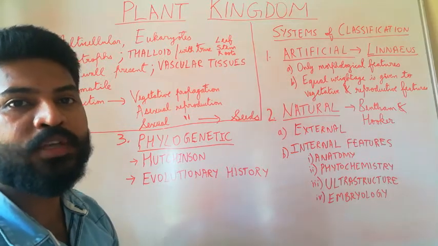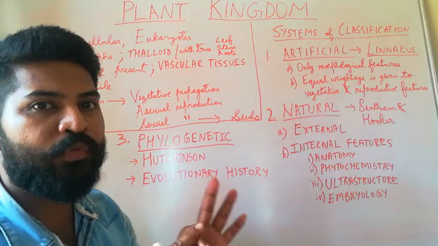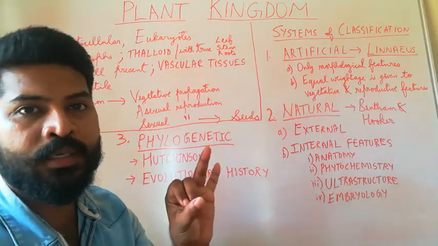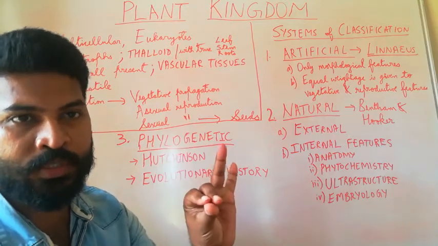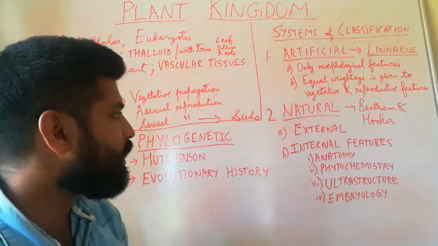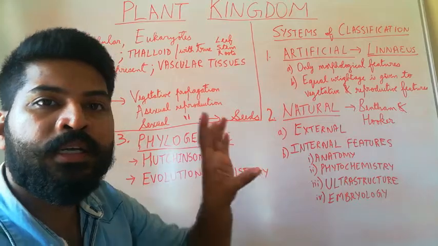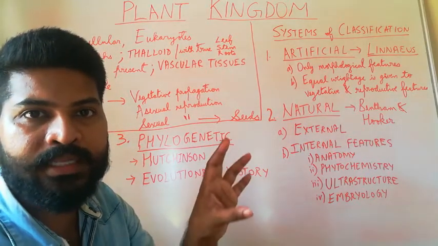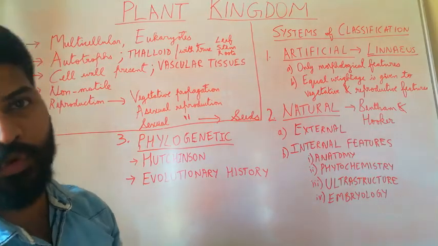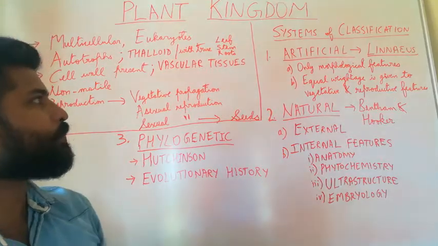So that is the basis of classification of the plant kingdom into Algae, Bryophyta, Pteridophyta. These three do not produce seeds, they produce spores, whereas gymnosperms and angiosperms, they produce seeds. In gymnosperms, the seed is not covered by a fruit, it is a naked seed, whereas in angiosperms, seeds are covered by fruit. So that is the basis of classification of the plant kingdom.